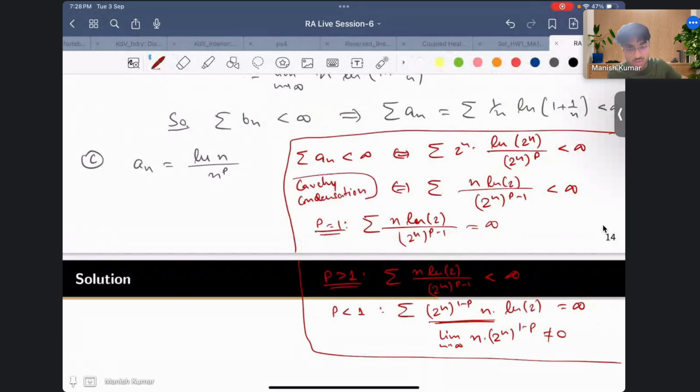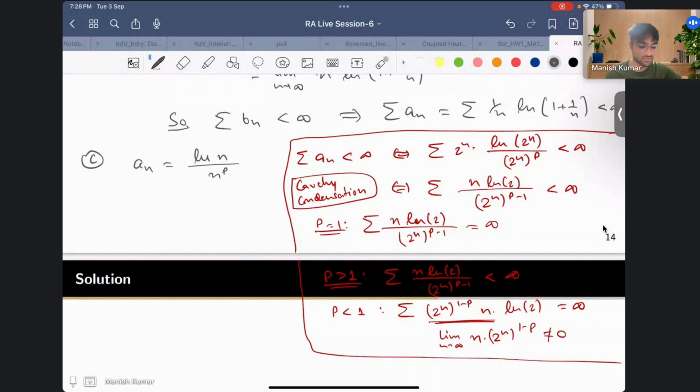Okay, but in this problem, the question is to use the limit comparison test. So now you have to find some bn. Actually, at least from here you can clearly see that it depends on p, the power of p determines whether the series is convergent or divergent.